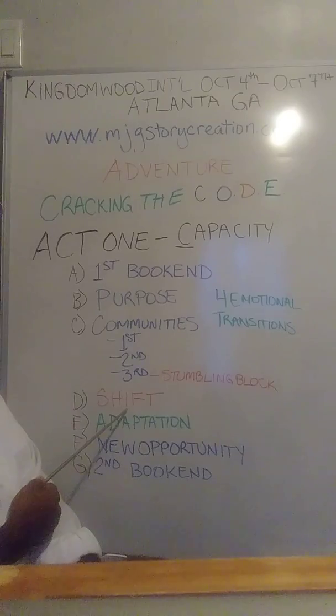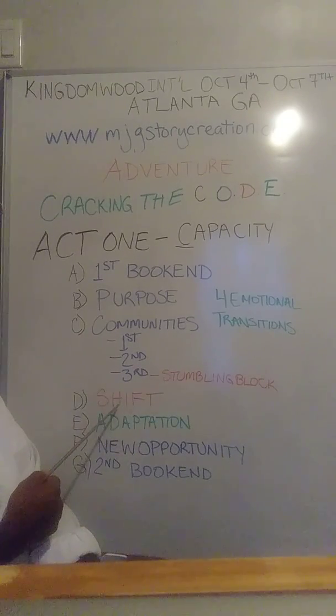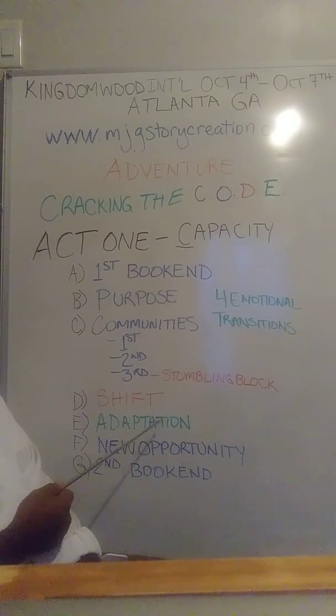Then a shift occurs, a shift in the character's life, something that changes it and causes things to go completely out of balance. And then the character must do what he or she needs to do in order to adapt to the shift. So we're going to have a few scenes showing the adaptation.